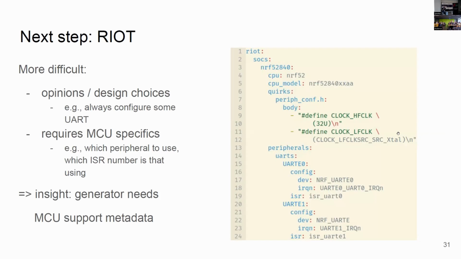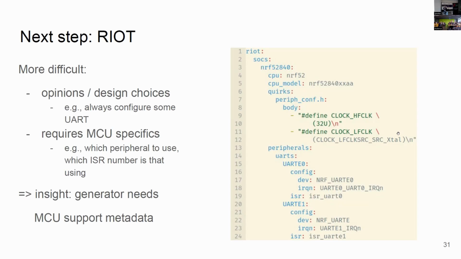It was a bit more difficult because of some design choices and opinions that in Ariel are a bit more limited, so they didn't manifest there. RIOT has them already, right? For example, that there should always be one UART configured. And also generating RIOT board support requires the generator to know these requirements by the implementation that I talked about before, because they need to get into the board support.